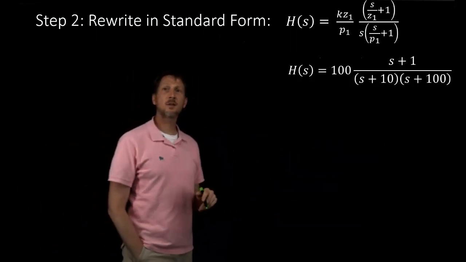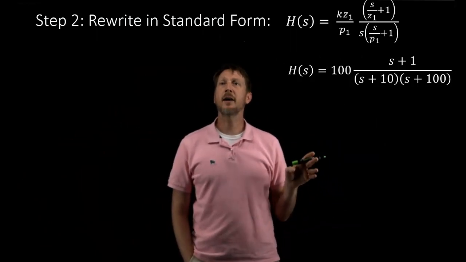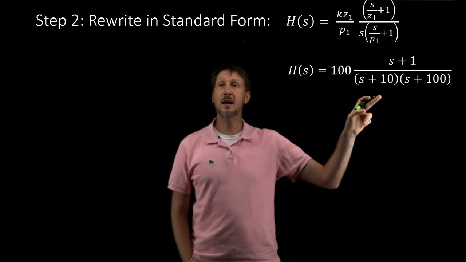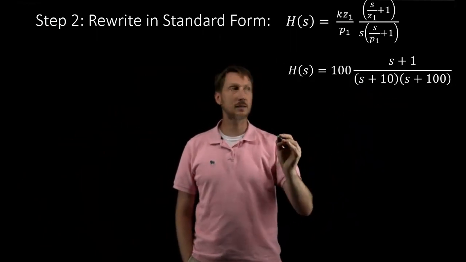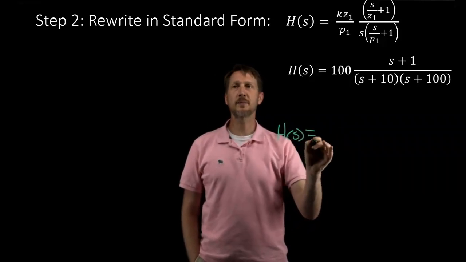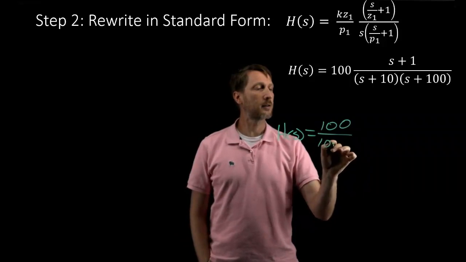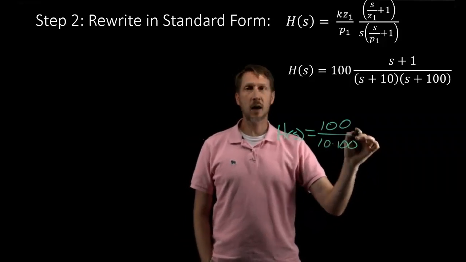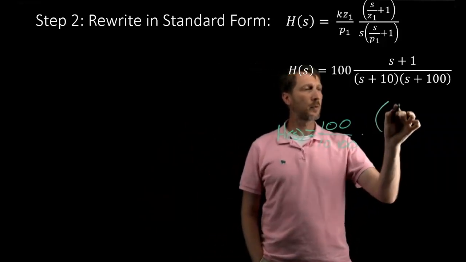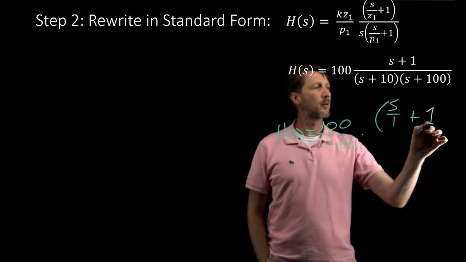We have H(s) equal to 100 times (s + 1) in the numerator, divided by (s + 10)(s + 100). We want to factor out both the 10 and the 100 to get it into the standard form. So H(s) is going to be equal to 100 divided by 10 times 100, times, and I'm going to write the numerator explicitly in this form, s divided by 1 plus 1.